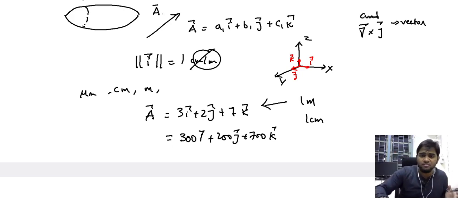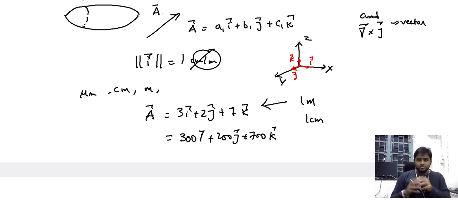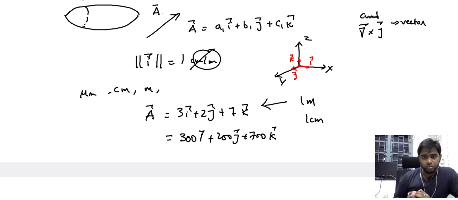So what essentially we have arrived at is, when we consider the representation of vectors using i, j and k unit vectors, then depending on the length scale associated with these unit vectors, the coefficient required to describe a given vector would vary.